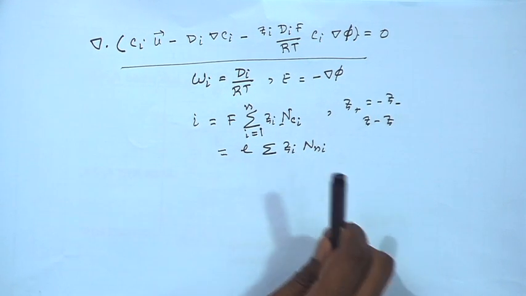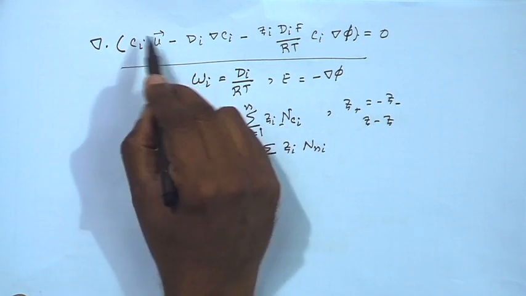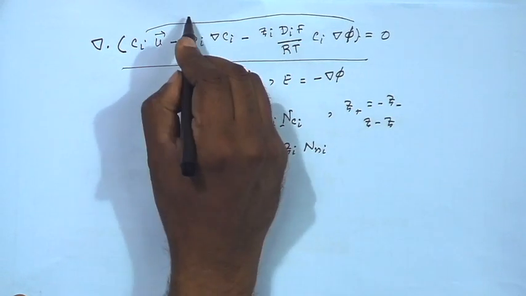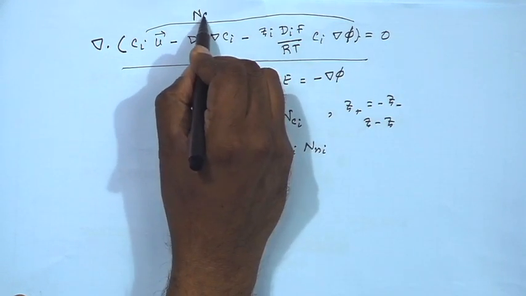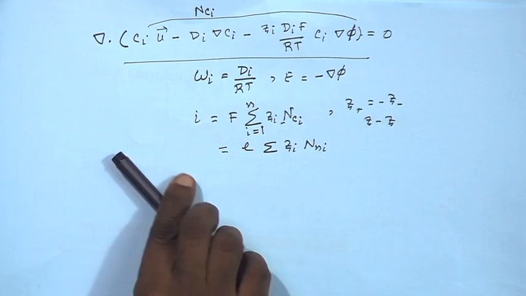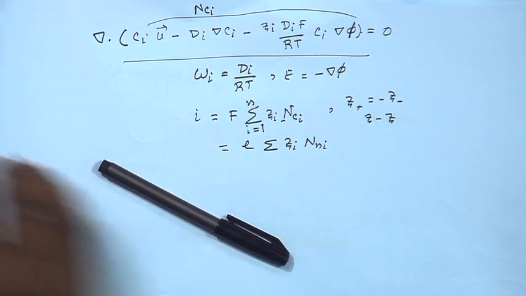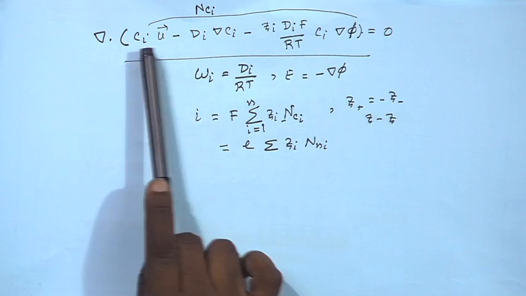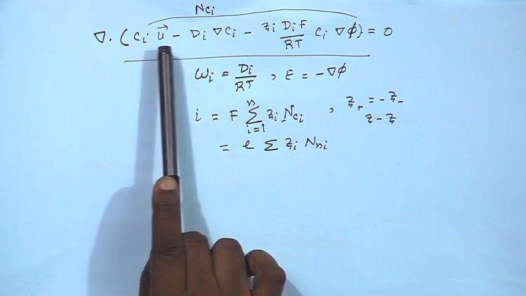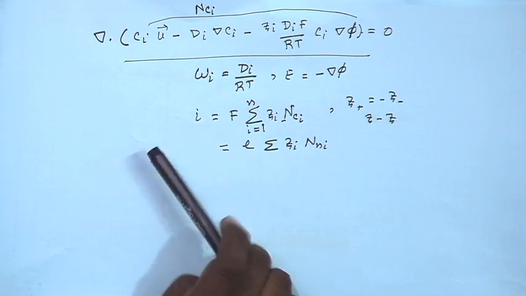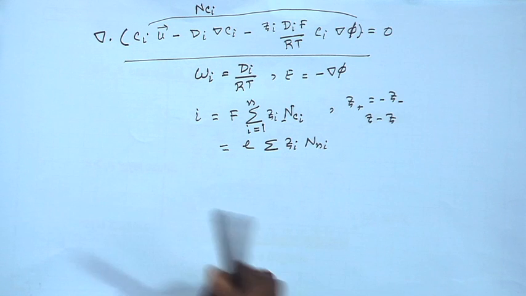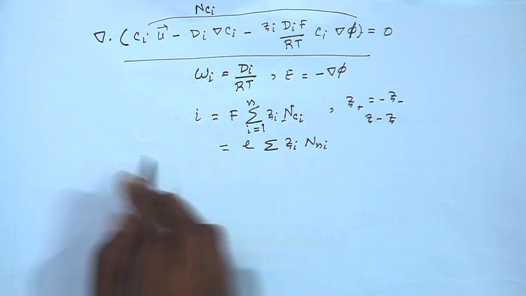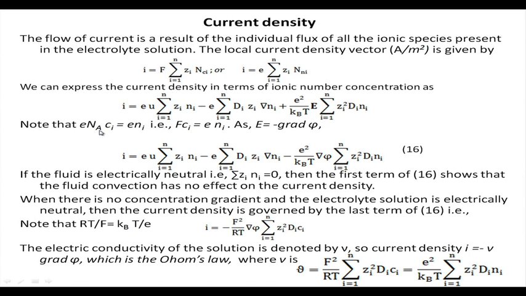Now, we substitute the relation for the number density flux. If I multiply with E, basically C I and N I are governed this way.